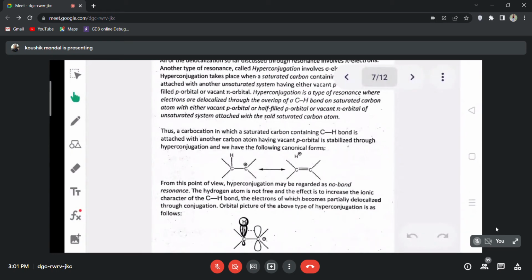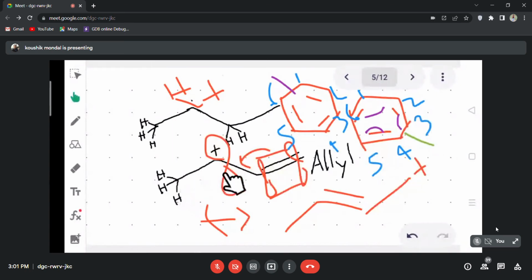Okay, so I am just going back. Can you say if there is any hyperconjugative effect in this carbocation? So this is an unsaturated carbocation. I am just omitting this allyl portion. Then if we omit that, this is the carbocation.